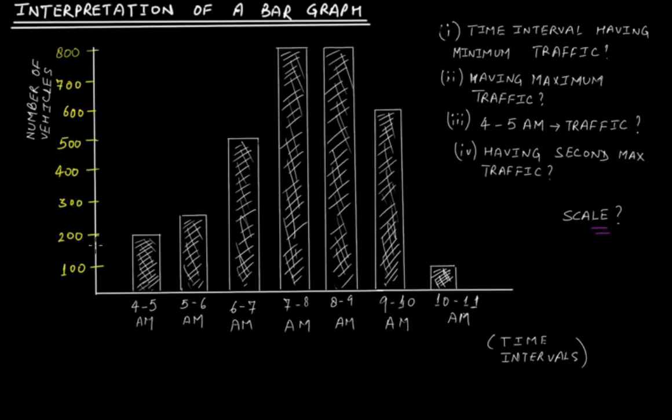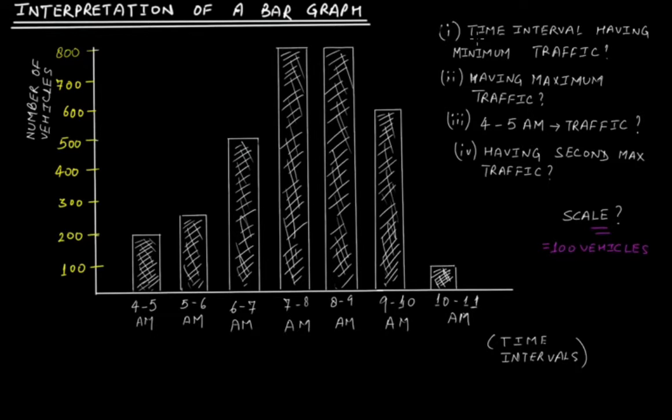Therefore each unit length is of 100 vehicles, because these are the number of vehicles. So each unit length, that is the scale, is of 100 vehicles. So this is our scale.